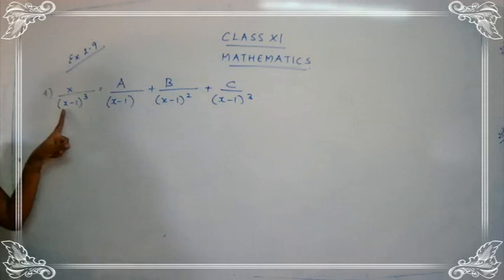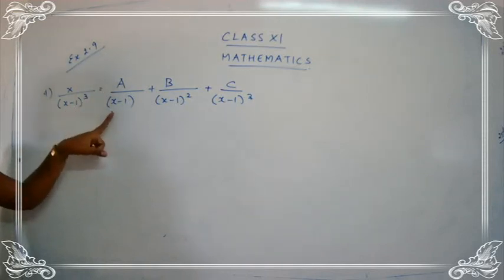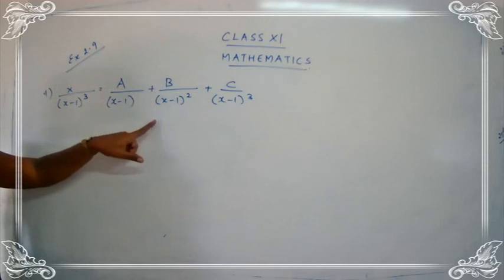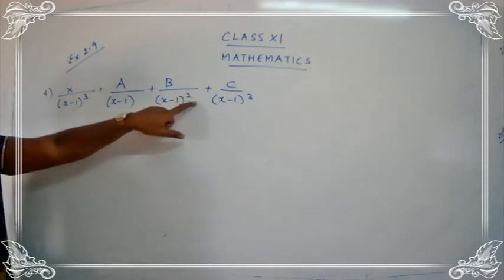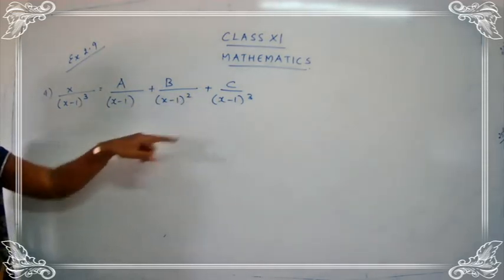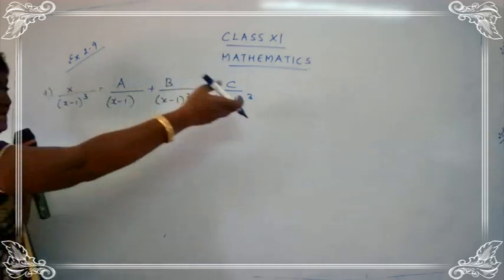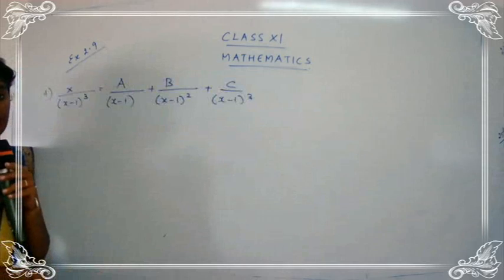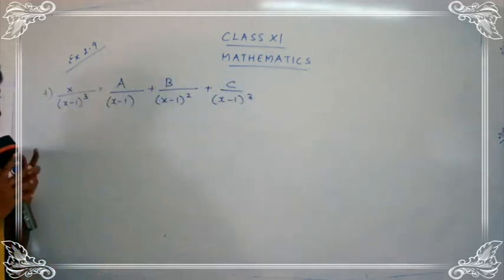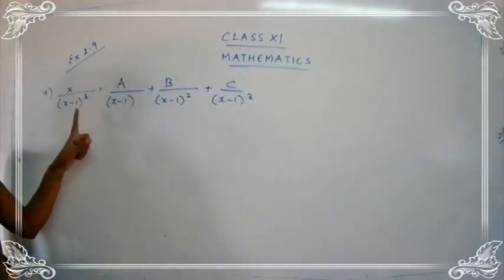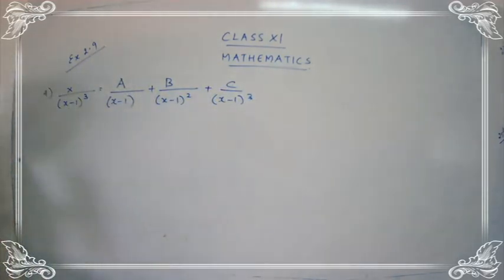So x upon x minus 1 the whole cube, since it is a cube, you will write a upon x minus 1 plus b upon x minus 1 the whole square plus c upon x minus 1 the whole cube. Suppose you have x minus 1 the whole raised to 4, it will continue plus d upon x minus 1 the whole raised to 4 and so on. Are you clear with this first part children? Okay, take down the first part.